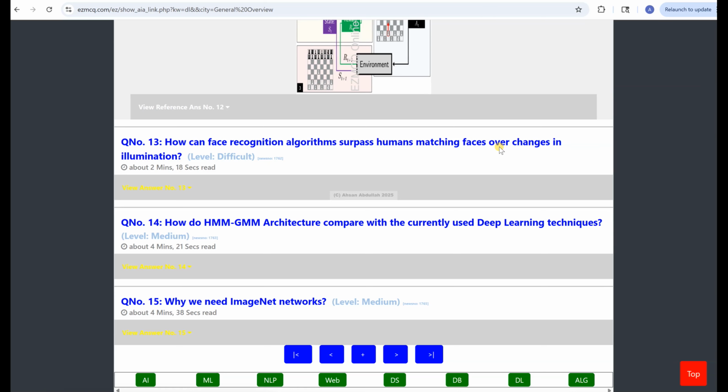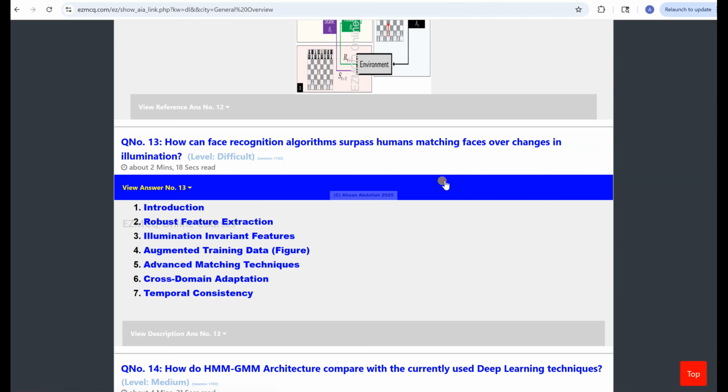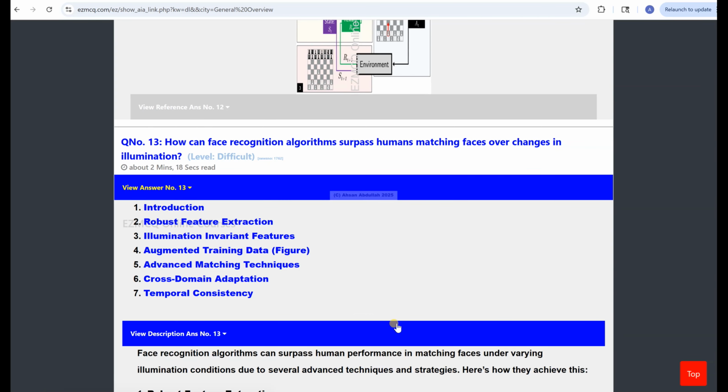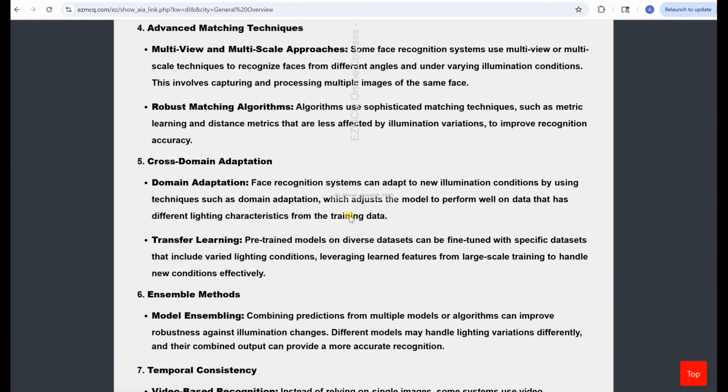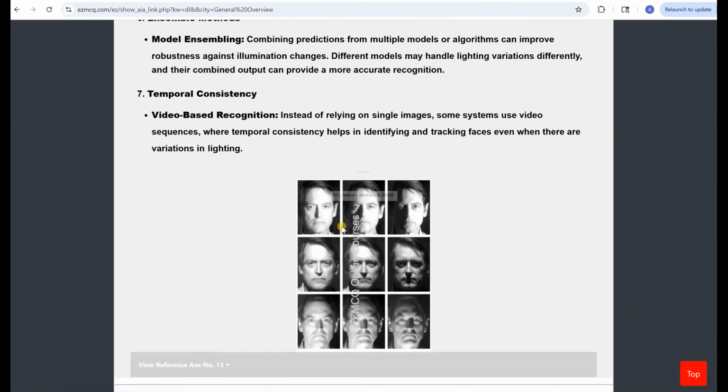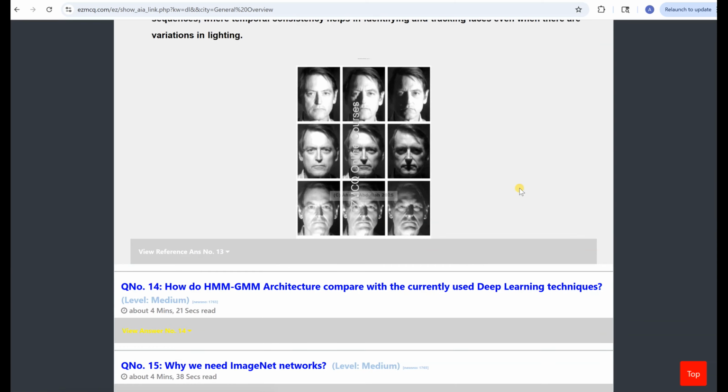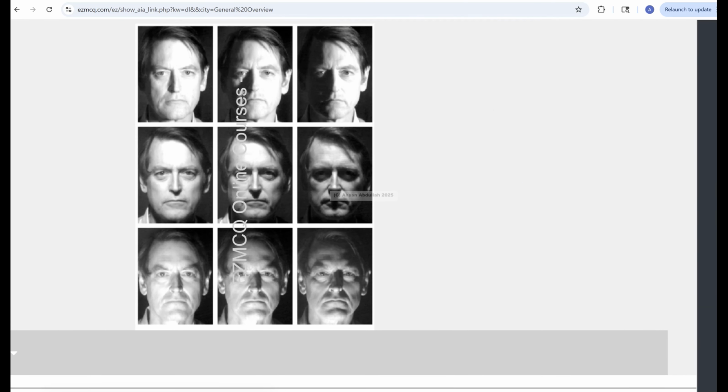So how is it possible? Let me show you a picture here. I see a set of pictures. You can see that this is the same person, and the illumination, the angle, the position, the amount of illumination has changed.